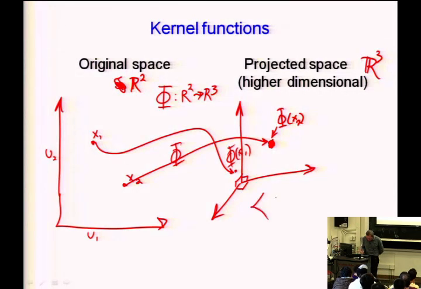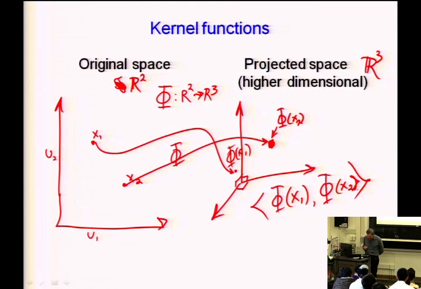I might be interested in the dot product of these two points in the high dimensional space, phi of x1 and phi of x2. What a kernel function does is it gives me some other operation.